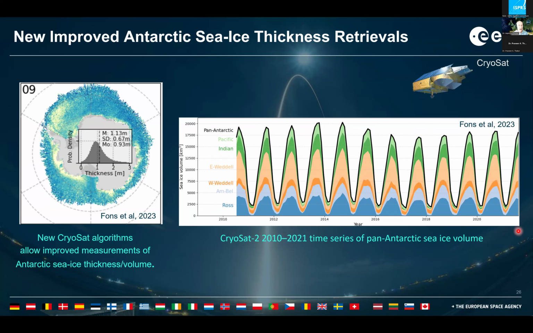And so we now have a bipolar record of sea ice thickness and volume using the combination of the altimeters. And we'll be looking to extend this with the CRISTAL data in the future.